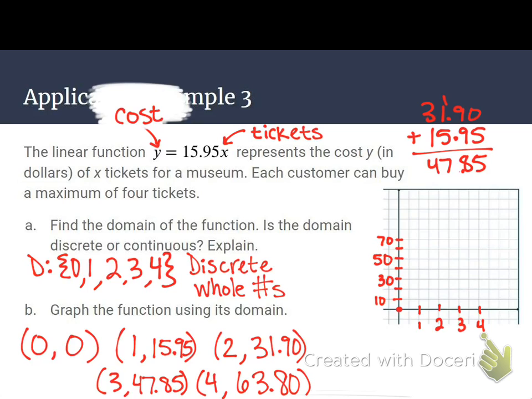So I'm not labeling every single one because that's going to get really cramped. You can choose what your scale is. You just have to let me know what you decide for it to be. So if you want to count by something else because your graph paper is bigger, that's fine. This is what I'm going to count by. Questions about setting up your own scale?